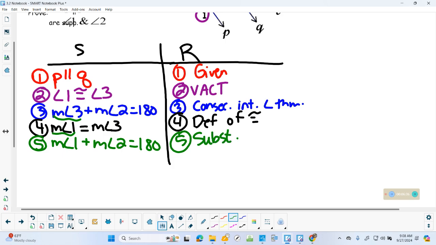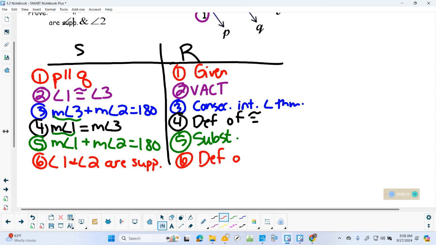And I think we're there because, of course, if they add to 180, aren't they supplementary? Yeah, angle 1 and angle 2 are supplementary. And what is your final reason? Definition of supplementary. Got it. Any questions on that? Okay.